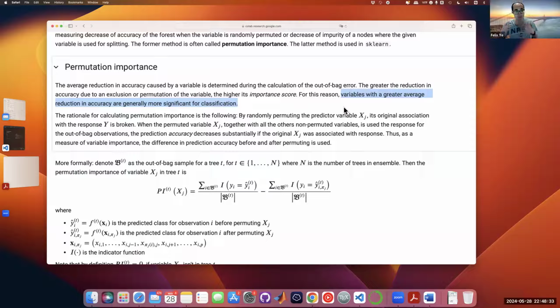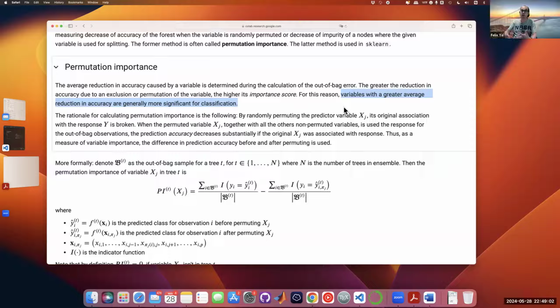So the rationale is very simple. If you randomly permute a specific variable, then the original association with the y is broken. That means the permuted variable, together with all the other features that we have, is used to predict the out-of-bag observations.